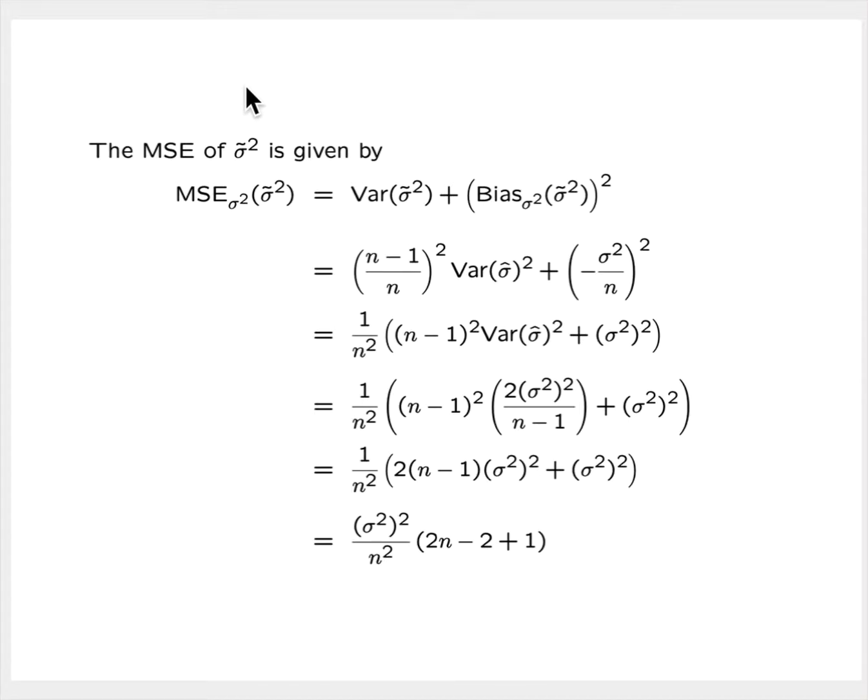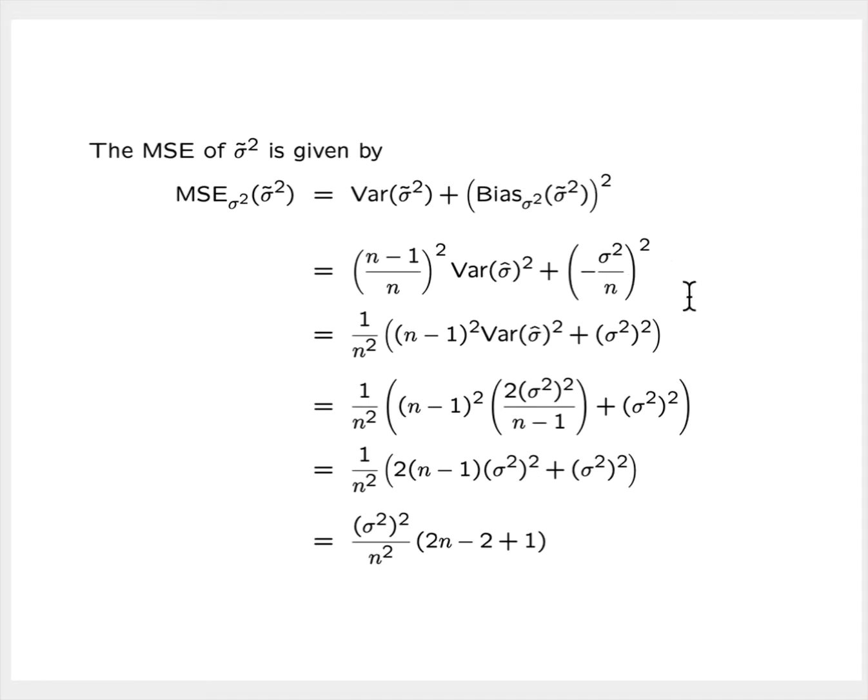The MSE of sigma tilde squared, again, is going to be equal to the variance of sigma tilde squared plus the square of the bias of sigma tilde squared as an estimator of sigma squared. And so we have n minus 1 over n quantity squared times the variance of sigma hat squared plus the square of the bias of sigma tilde squared, which is negative sigma squared over n.